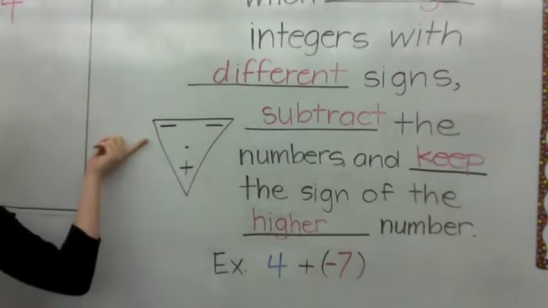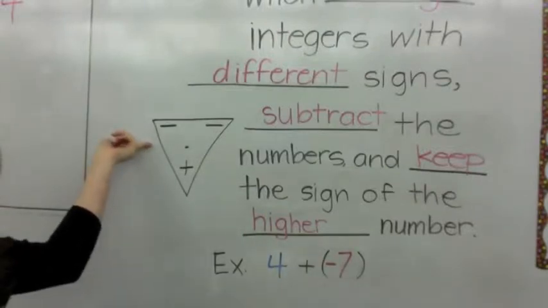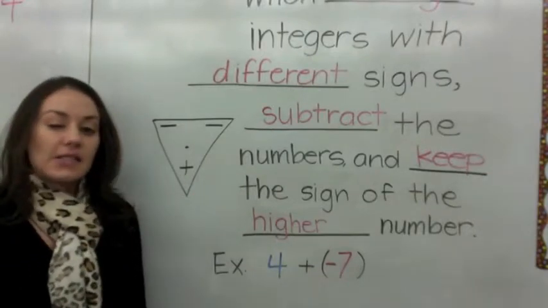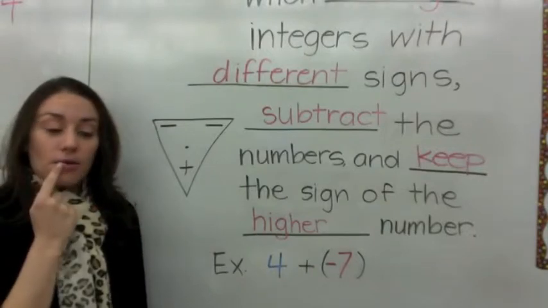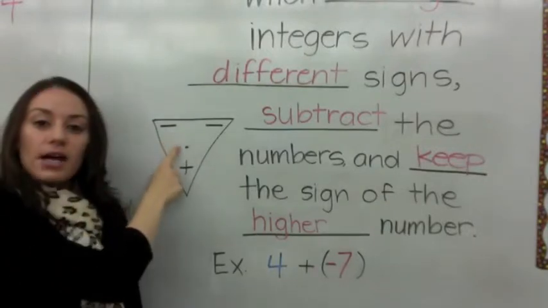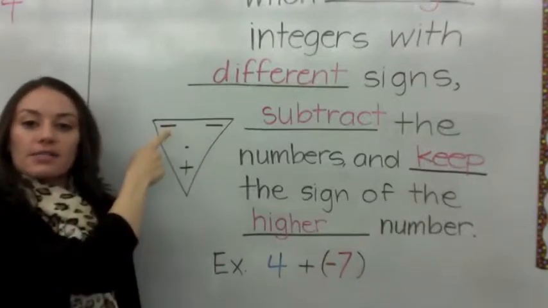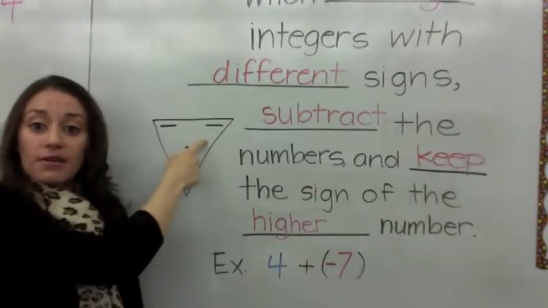And remember our friend Bob's cousin. Who is this? He basically tells us the one thing you need to know about Bob's cousin is that with different signs, you want to really look at the eye and the mouth, because a negative times a positive is negative. When you multiply different signs, your answer is negative.